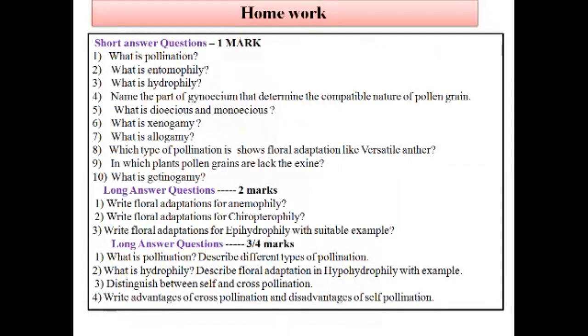Okay. So in this session, we learned about what pollination is, types of pollination, self and cross-pollination, types of self and cross-pollination, that is autogamy, geitonogamy, and xenogamy, and the floral adaptations for pollination by wind, anemophily, hydrophily, entomophily, chiropterophily, and ornithophily.